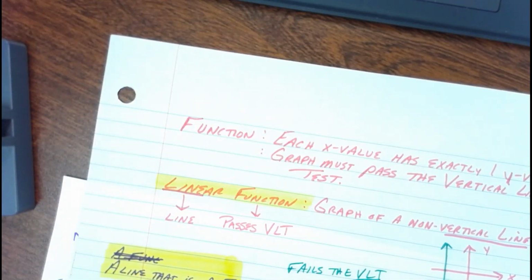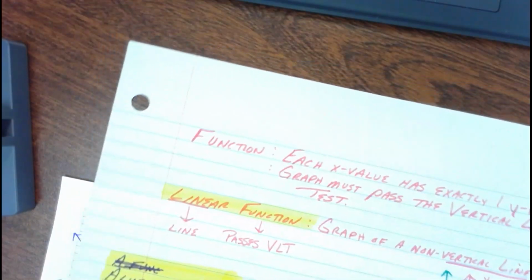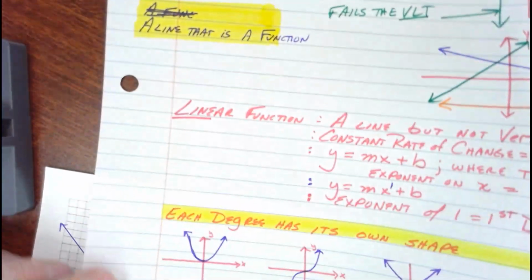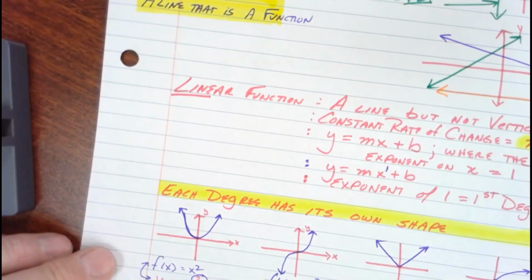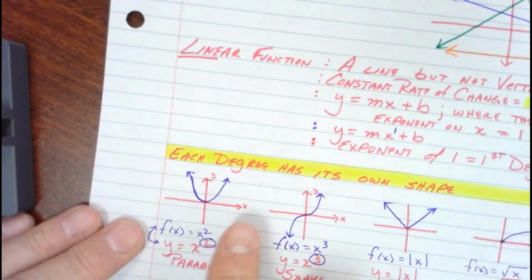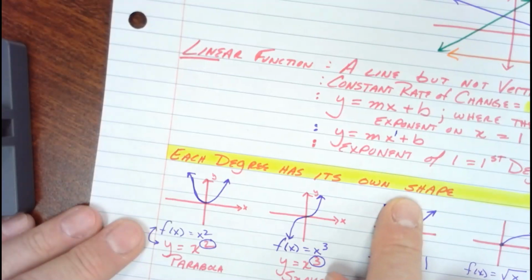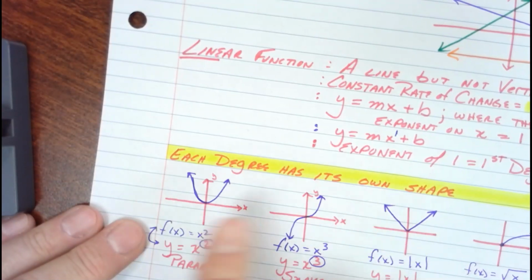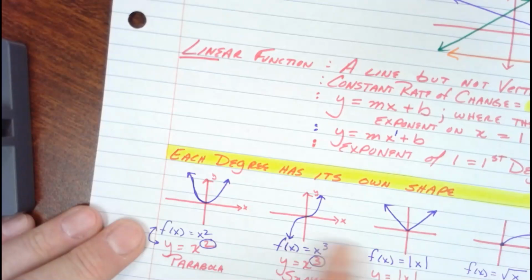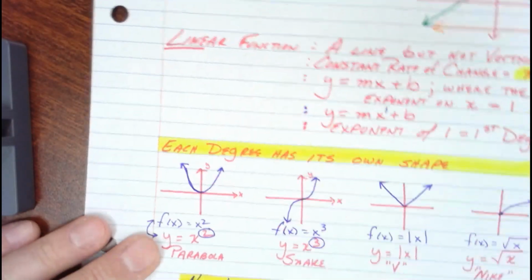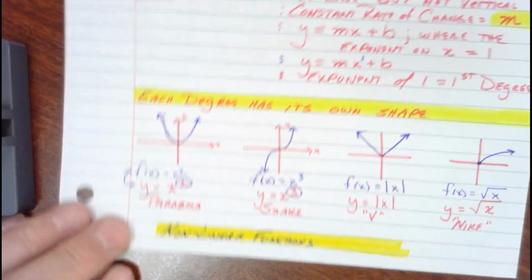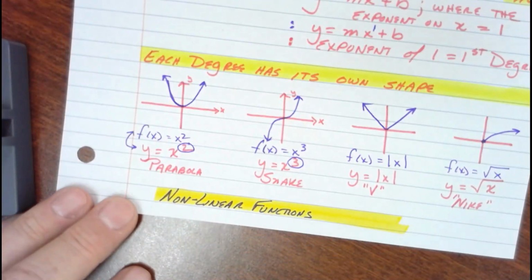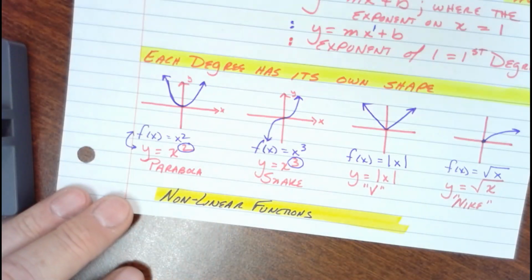If it passes the vertical line test, it can be a function. I want you to understand that each degree has its own shape. We only got a couple of them on here, but there's a bazillion of them. These are nonlinear because they are not lines, so they're nonlinear functions.